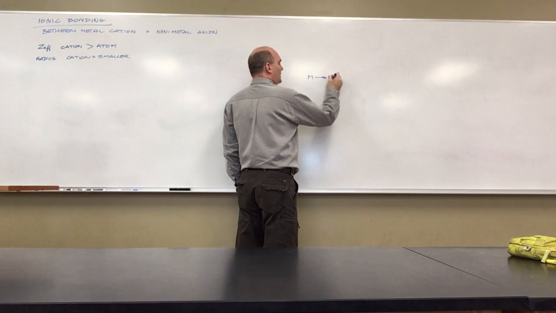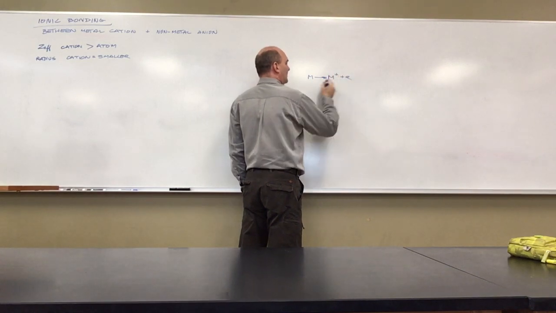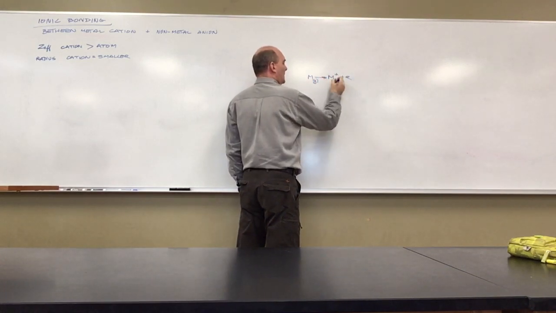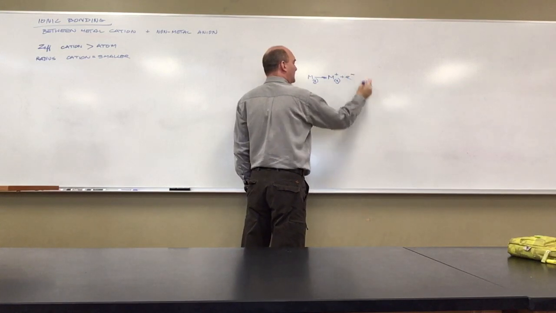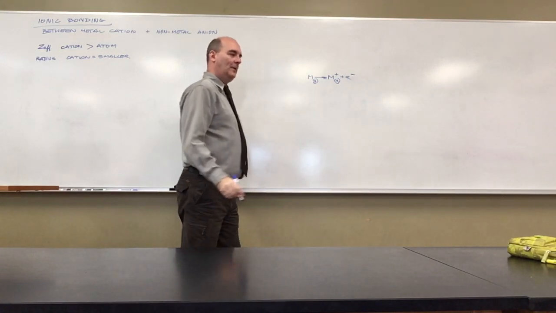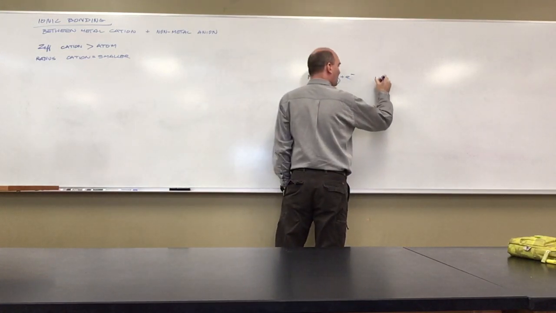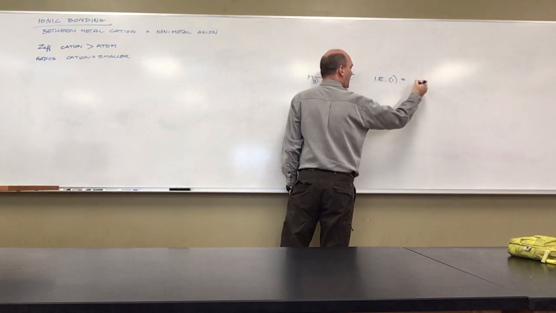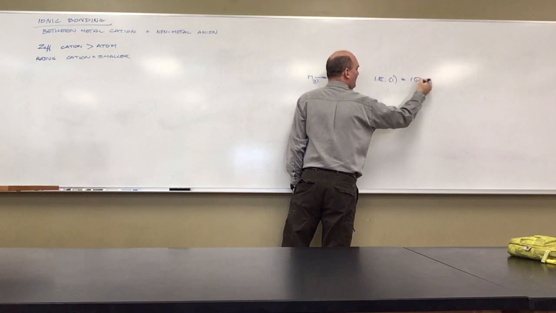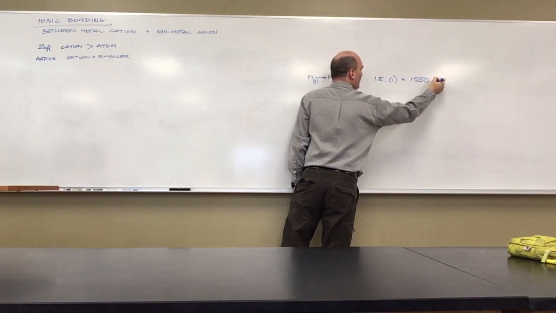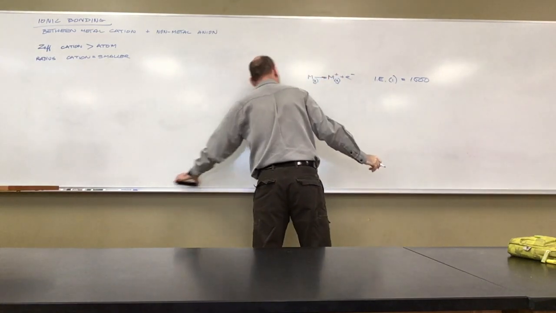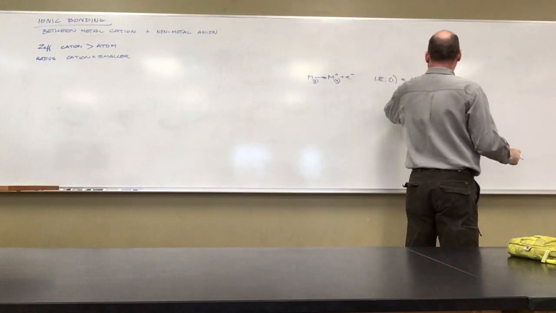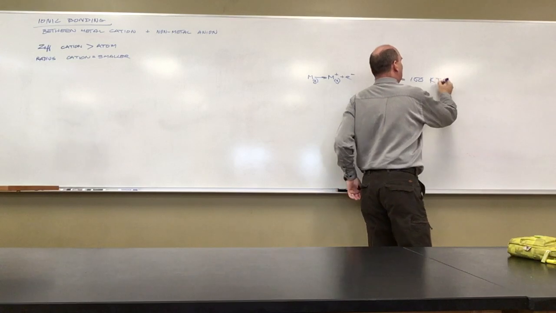So the first ionization energy takes a metal in the gas phase and pulls an electron away from it. This would be called IE1. And let's say it is, just made up a number, let's say it's 100 kilojoules.